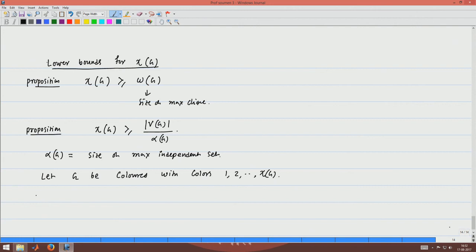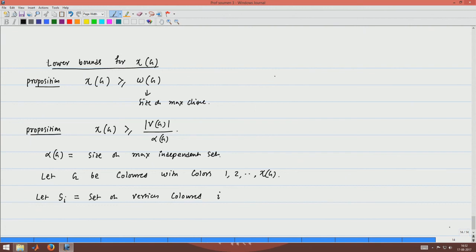And let Si be equal to the set of vertices colored i. So Si consists of the set of vertices which are not adjacent to each other.